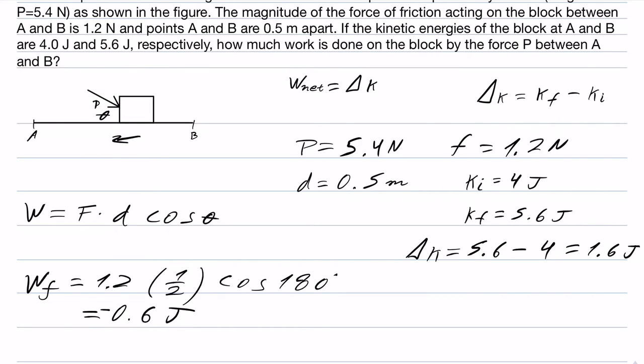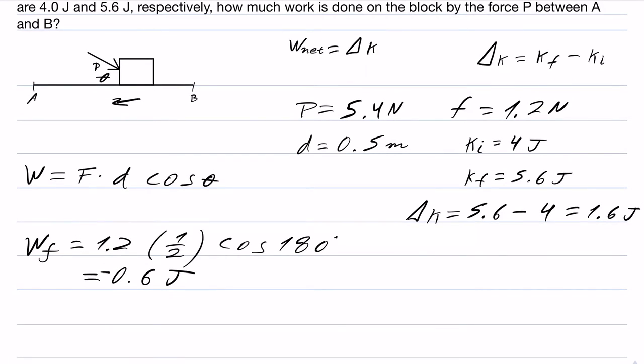We can ignore gravity, because there's no work done by gravity, simply because gravity is acting perpendicular to the displacement. So you get a 90-degree angle between those two vectors, and cosine of 90 is 0. That is why there's no work done by the force of gravity.